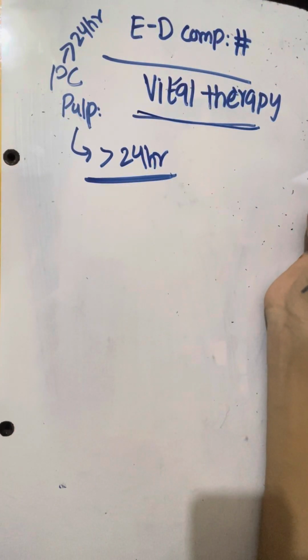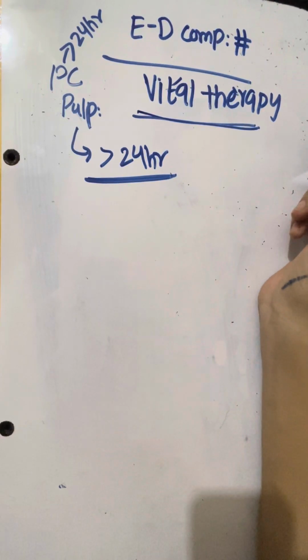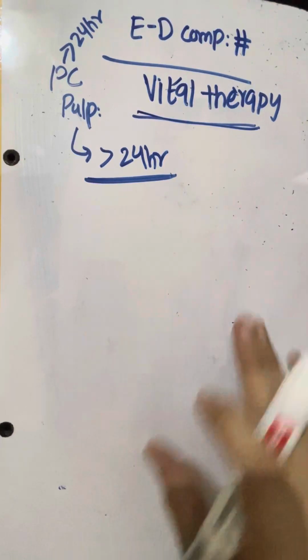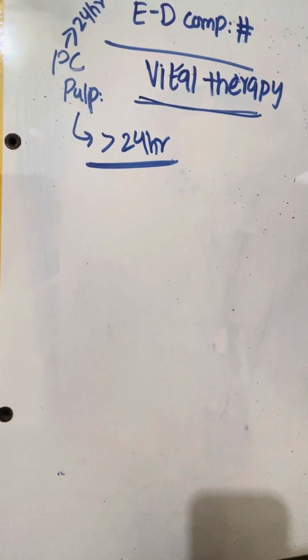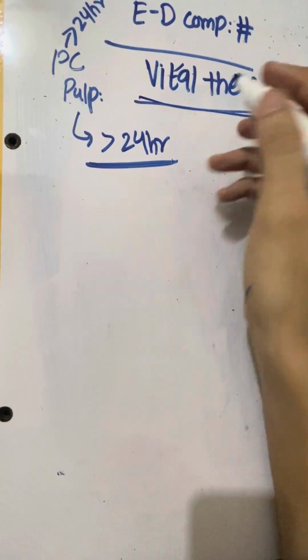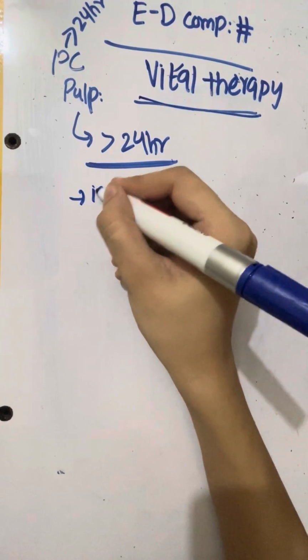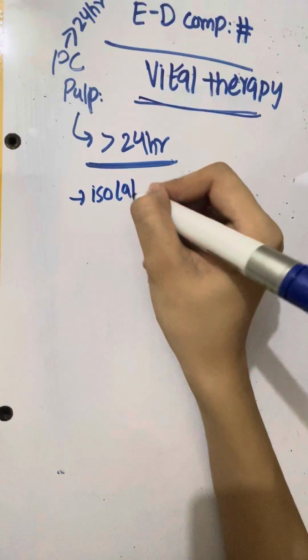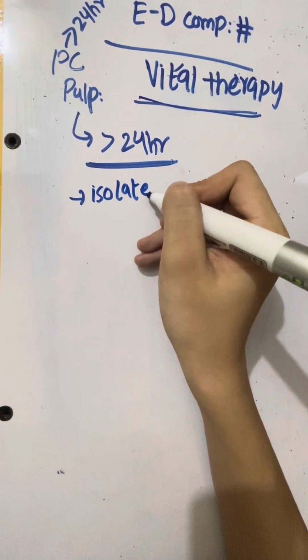First we will discuss pulp capping, when the trauma exposure is within 24 hours. For pulp capping, first we have to isolate the tooth. What is the process of pulp capping? We have to isolate the tooth.